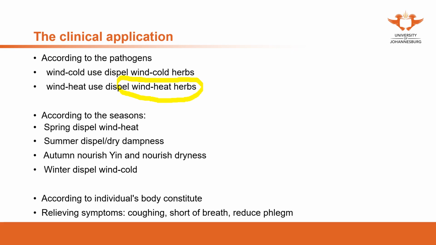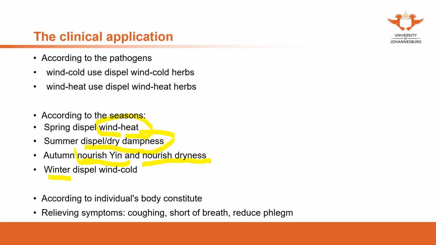Sometimes we also will think about the seasons. In spring, we are more likely to choose the wind heat herbs, dispel wind heat. In summer, dispel dampness, or dispel the wind heat as well. In autumn, nourish yin, because autumn is dry, so nourish dryness.